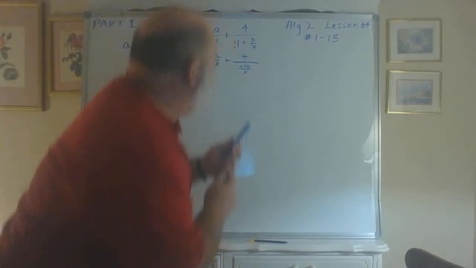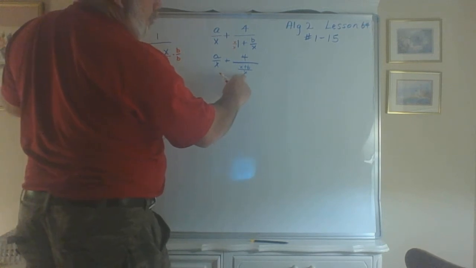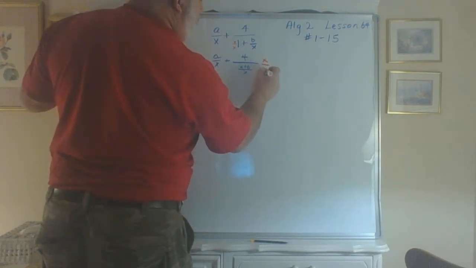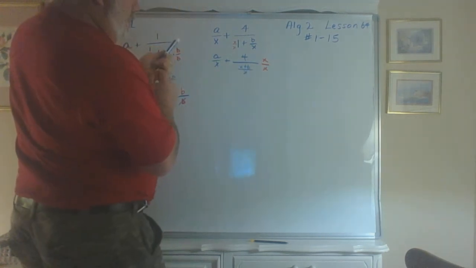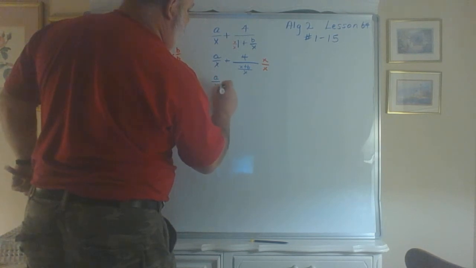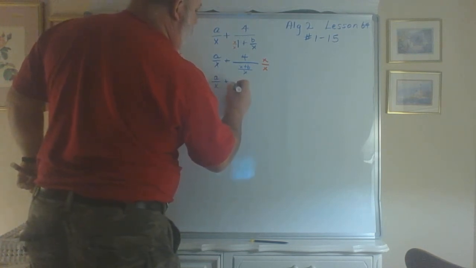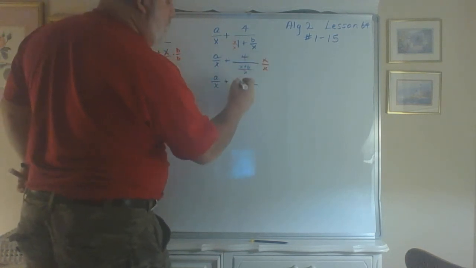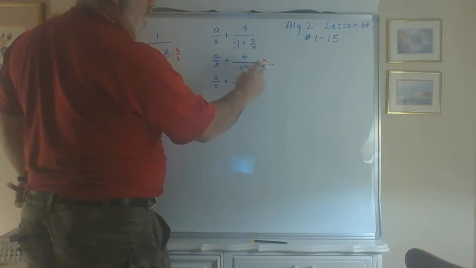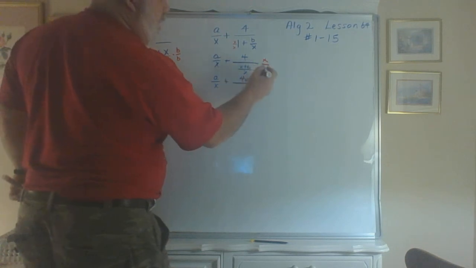I'm going to get rid of that by multiplying by whatever is lowest down here. I'm going to multiply by x over x. Nothing happens to the a over x to begin with, but up here, 4 times x, 4x. X plus b times x, but also divided by x.